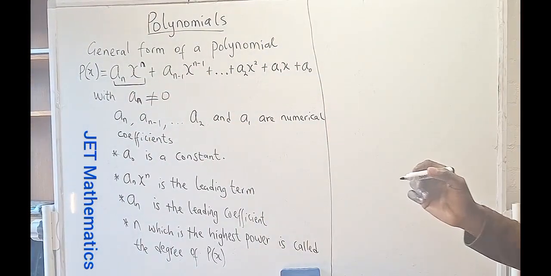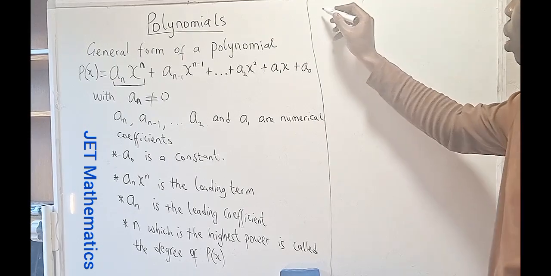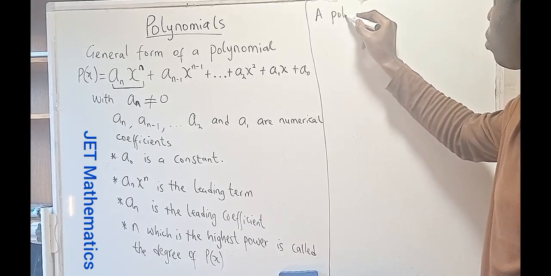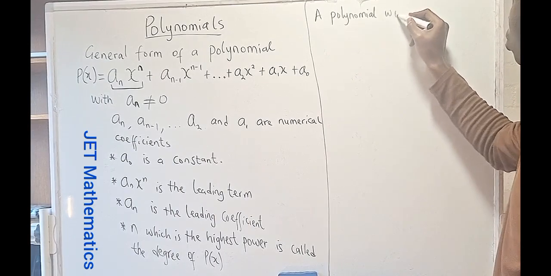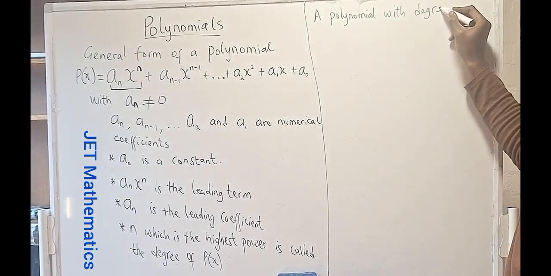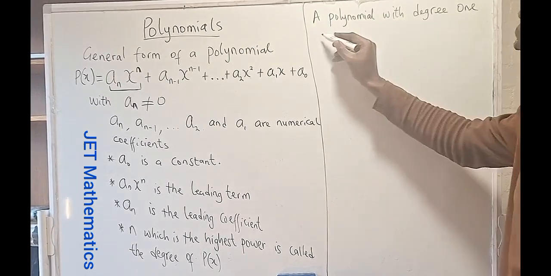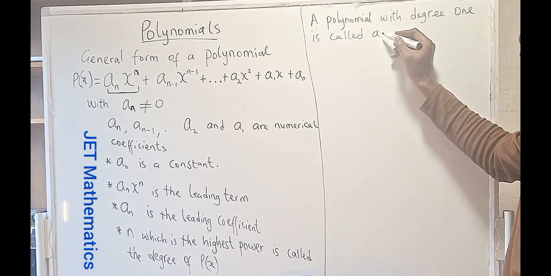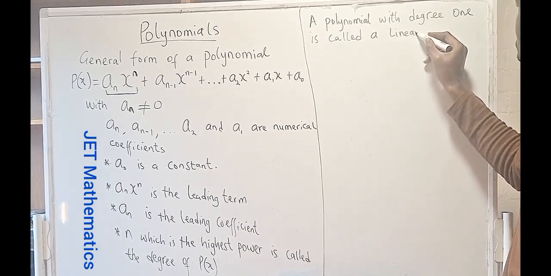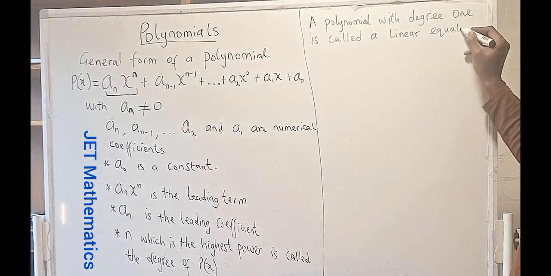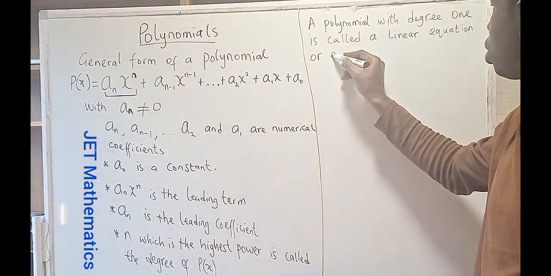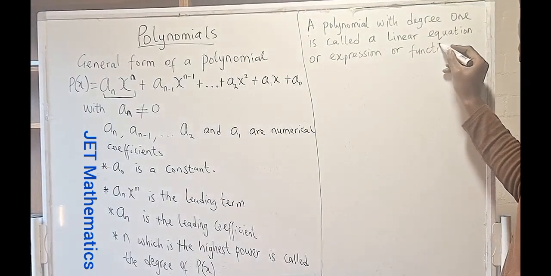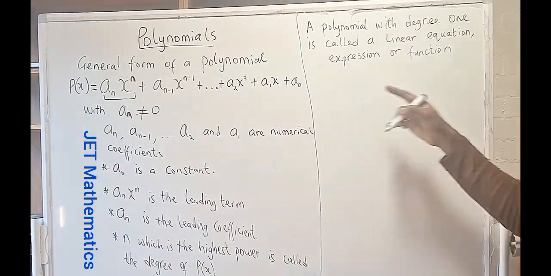Okay, so before we apply them, a polynomial with degree 1 is called a linear equation, expression, or even function.